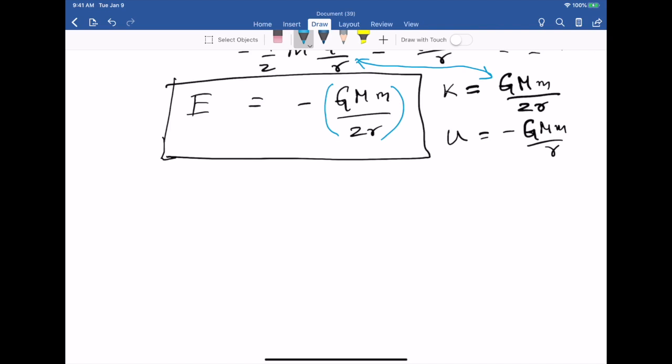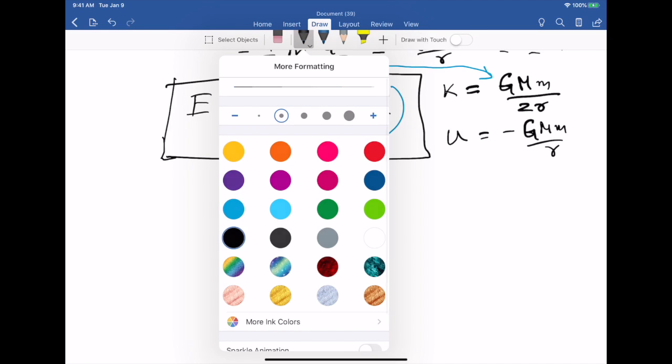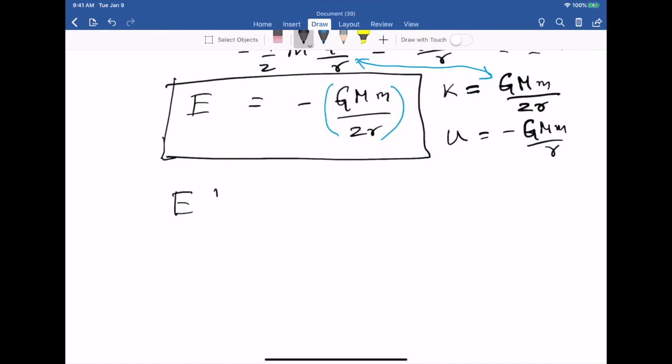So -2 is greater than -1000. So if E goes up, then this quantity inside the brackets will go down. And so in order for the quantity inside the brackets to go down, r must go up, right? So what we conclude is that when E goes up, the energy of the satellite goes up, the radius must go up, right?